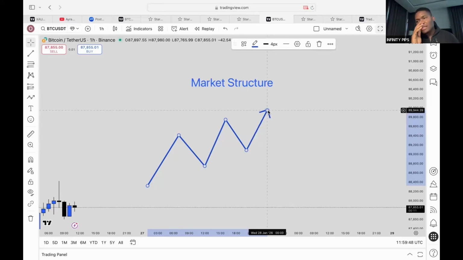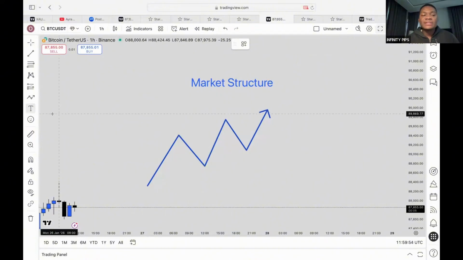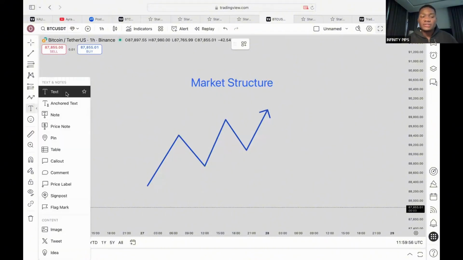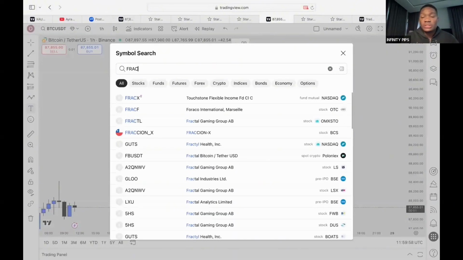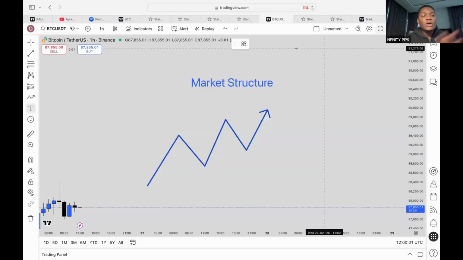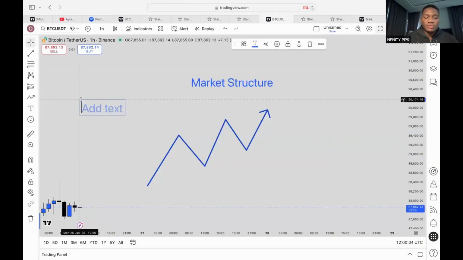So in this case, we say that this is the fractal movement of the market. The word fractal, I'm going to write it out, right? Another word for fractal simply means this is what is expected of the forex market. This is what we know. This is the pattern that the forex market is supposed to be creating, right? This is the fractal movement of the forex market. I have to write this down.